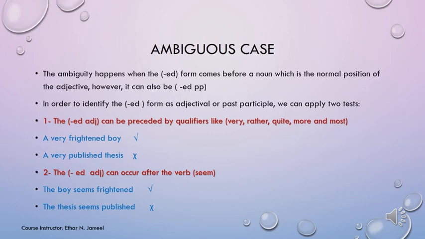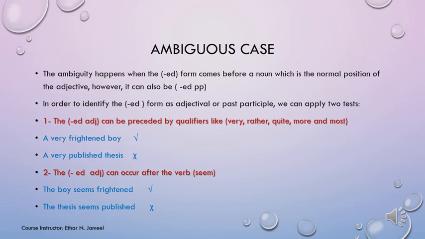How to know whether the ed form is an adjective or not when it comes before a noun? We have to apply the two tests that we used with ing. Let's see this with two examples. In the first test, we can use very, rather, quite, more, and most, any one of them.